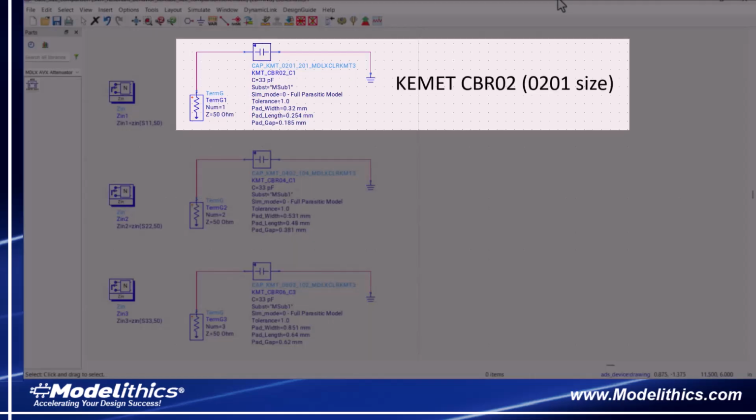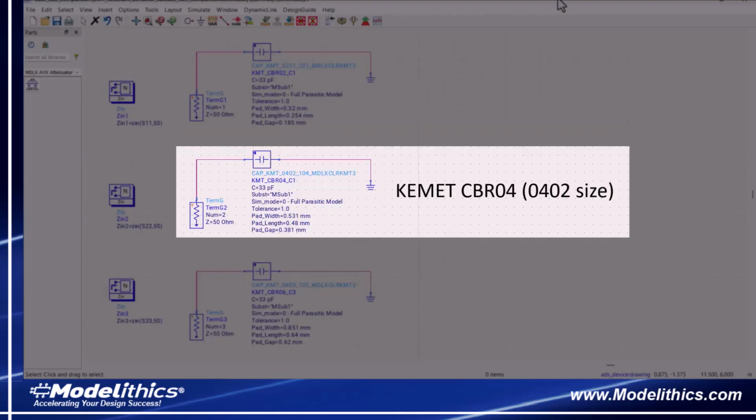At the top, we have the microwave global model for the Kemet CBR02 series, which is an 0201 size capacitor series. This one has the smallest size out of the 3 capacitors here. Underneath that, we have the microwave global model for the larger Kemet CBR04 series. The CBR04 series is an 0402 size capacitor series.